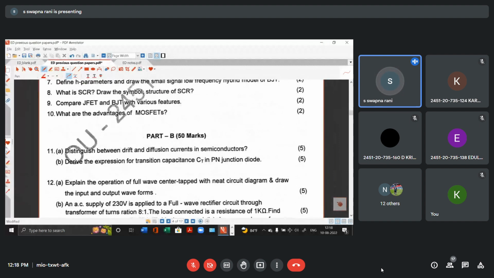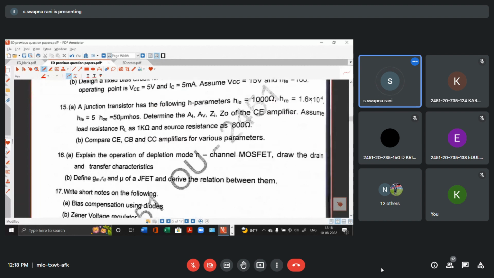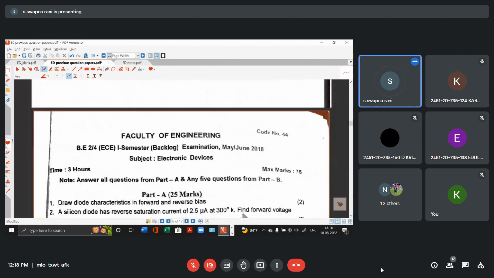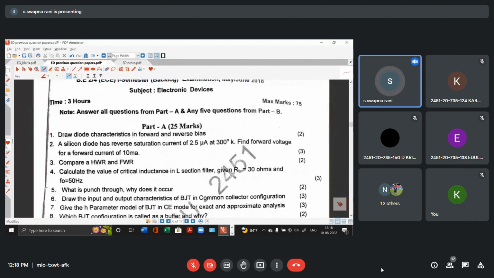And if you observe part B, again there is a question on capacitances and currents. Diode characteristics, it is asked to draw the diode forward and reverse bias characteristics. And there is a problem.